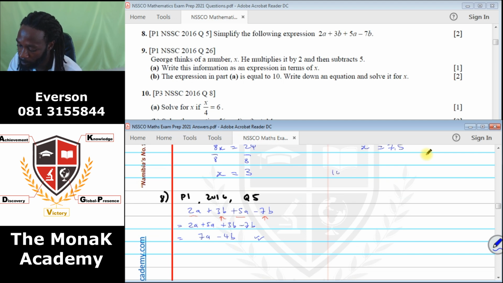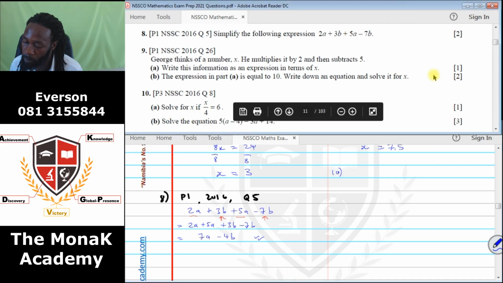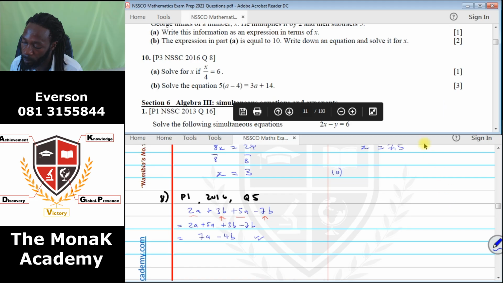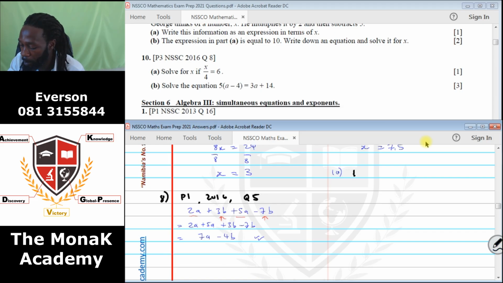Number 10. Number 10 comes from paper 3, 2016, question 8. So number 10 starts.